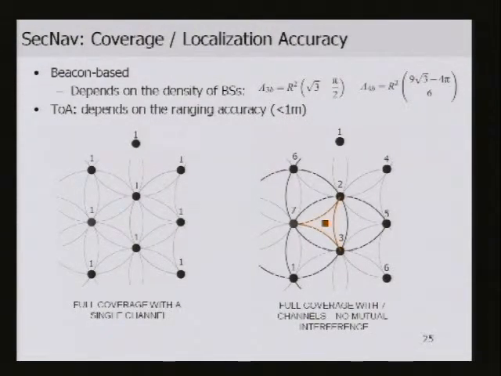So we ran into some issues of how to do coverage, right? If you have a wider area, and you want to cover this wider area with some channels, then two beacons, two base stations transmitting on the same channel, will mutually interfere.